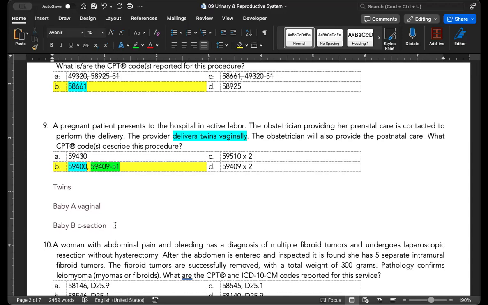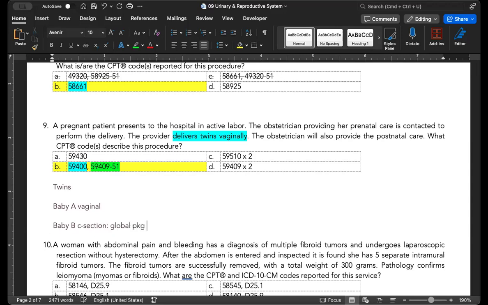If we think about global packages, with a vaginal birth you're really only going to have maybe one or two post-delivery follow-ups. But whenever you have a C-section, they're making an incision, cutting through all the layers, and they have to do an incision check a couple weeks after delivery, and then another to make sure you're healing correctly. So your global delivery is actually going to go on baby B.